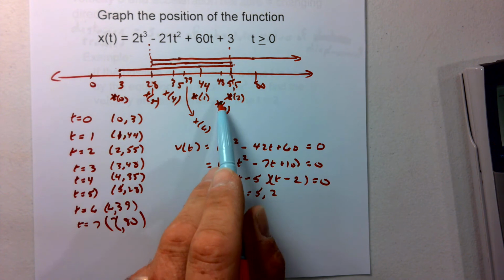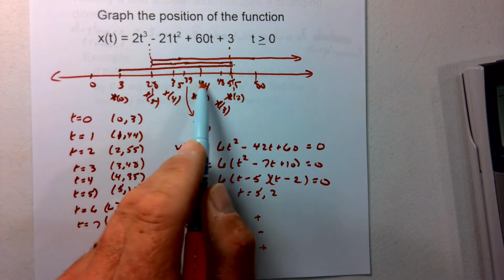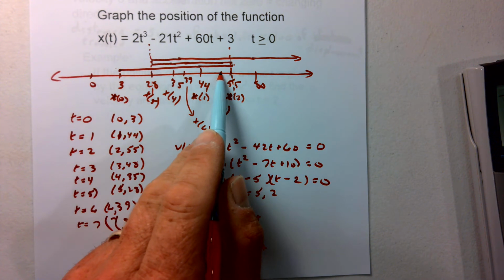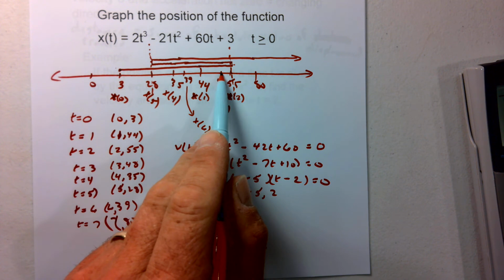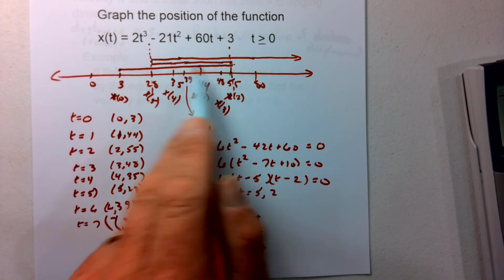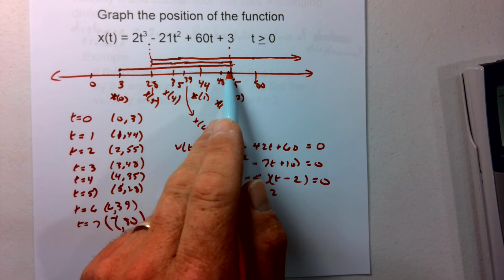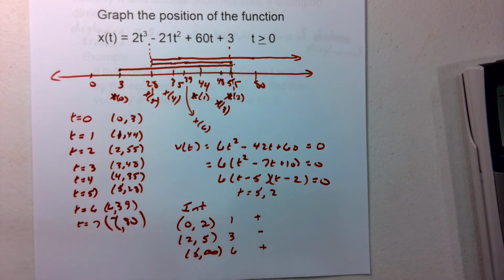But if I come up here to time 3, at time 3, I was at 48. So my displacement would have been 45. But my distance traveled, I would have gone from 3 up to 55, so I would have traveled 52 units and then back 7 units. So I would have traveled 59 units.